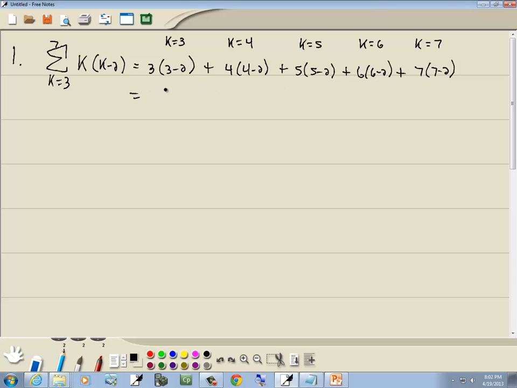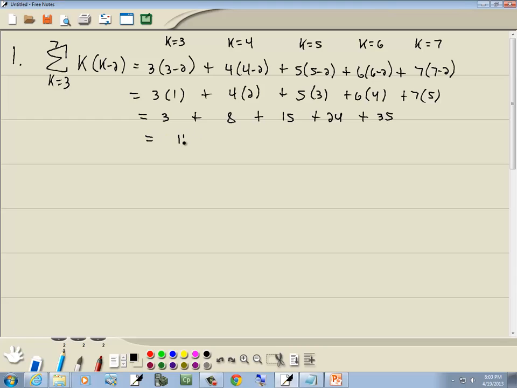Well, 3 minus 2 is 1, so we're going to have 3 times 1, plus 4 minus 2 is 2, so 4 times 2, plus 5 minus 2 is 3, plus 6 minus 2 is 4, plus 7 minus 2 is 5. So that's going to give us 3, plus 4 times 2 is 8, plus 5 times 3 is 15, 6 times 4 is 24, 7 times 5 is 35.